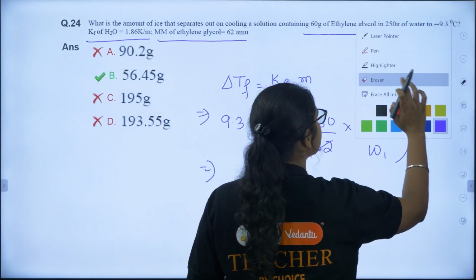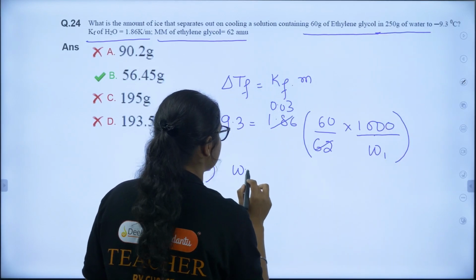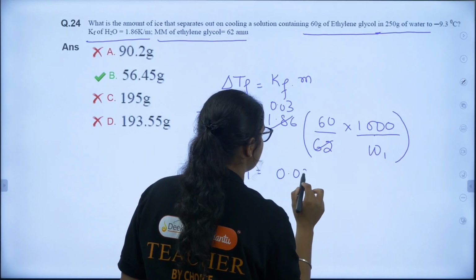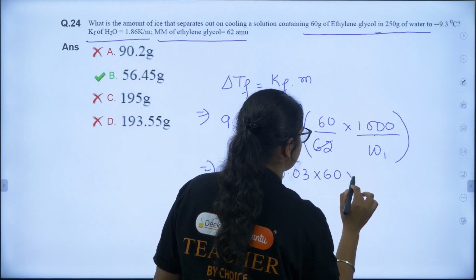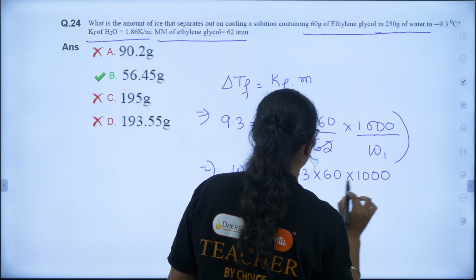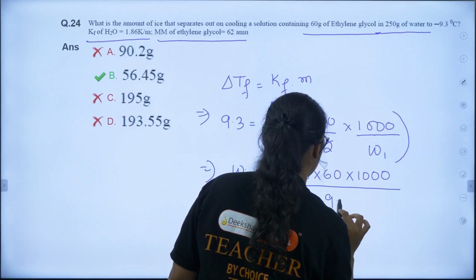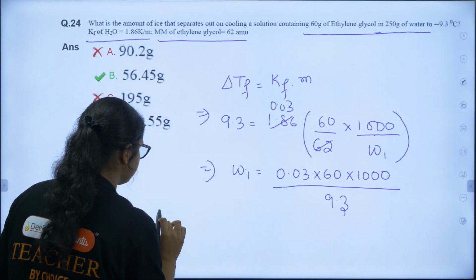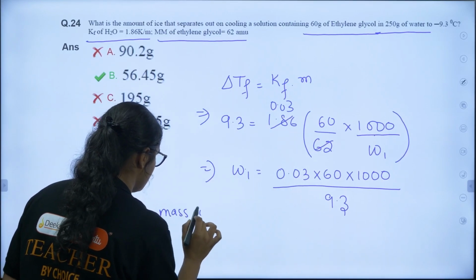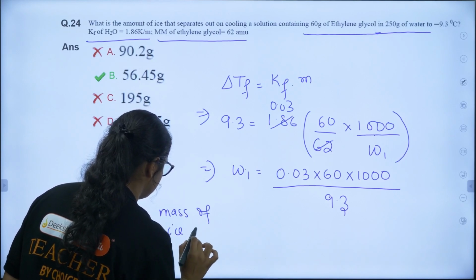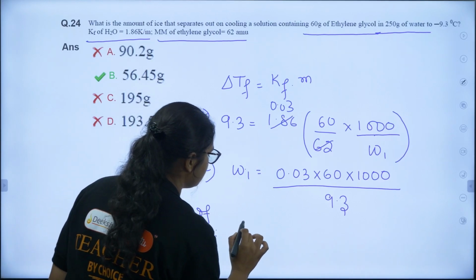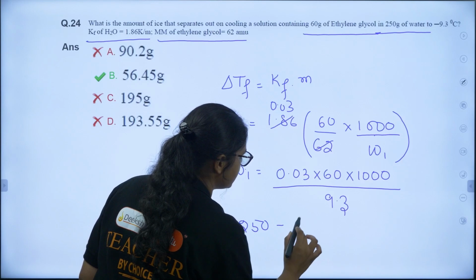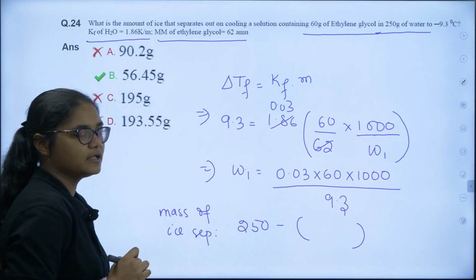W1 will be equal to 0.03 into 60 into 1000, divided by 9.3. So whatever answer you get here, now what we calculate is the mass of ice separated out. Mass of ice separated is equal to 250 minus this value, whatever you get after solving here.